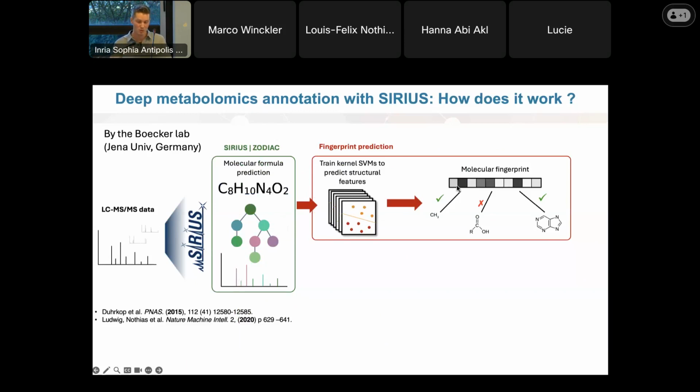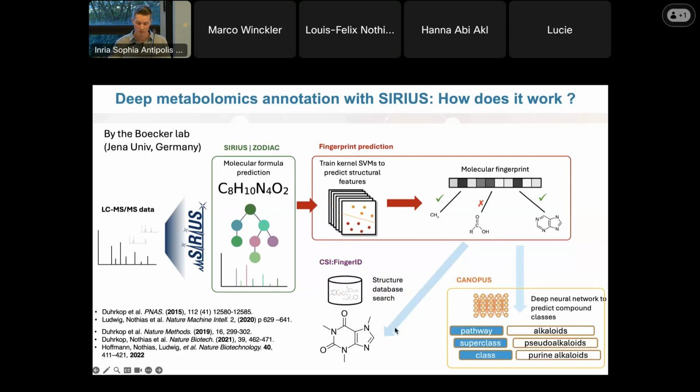So it was trained to recognize some spectral features with a molecular property. And that is used to also search in databases of known molecules and coupled with a neural network to associate the fingerprint profile with some chemical classes.